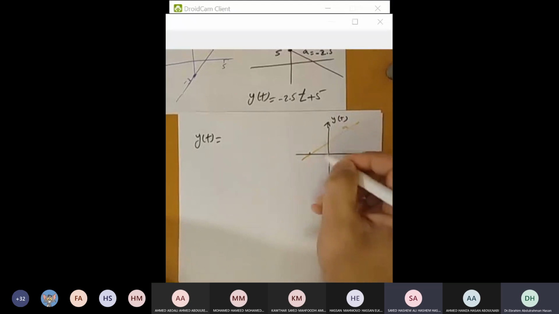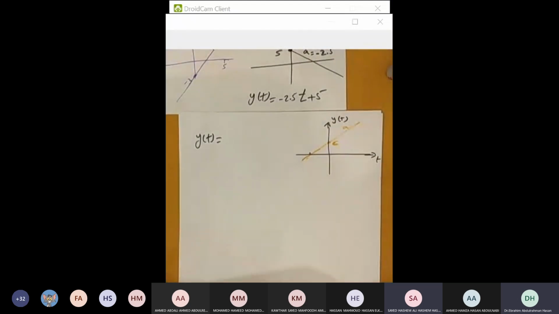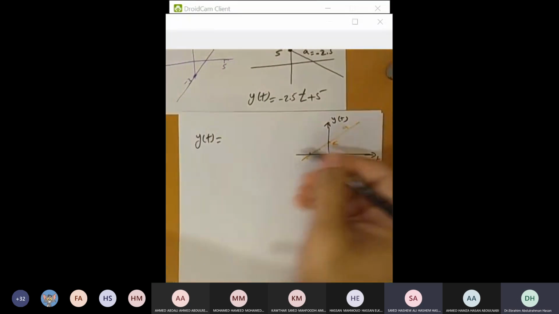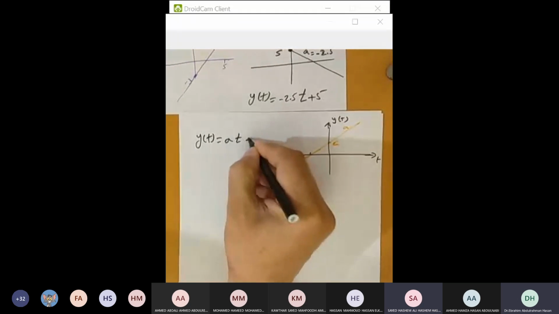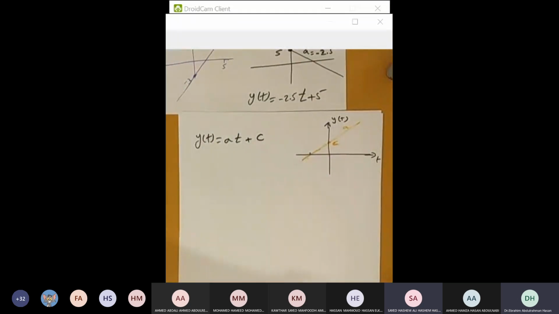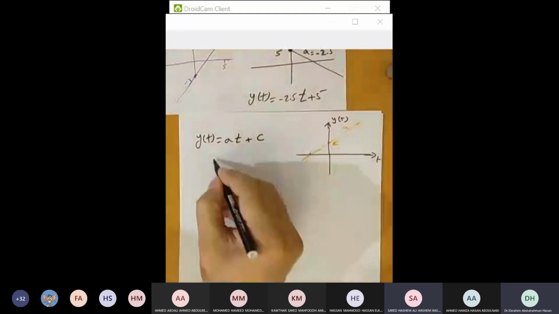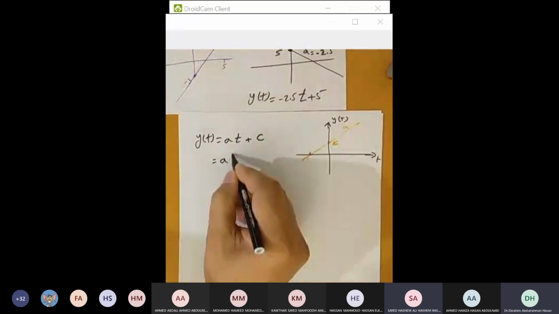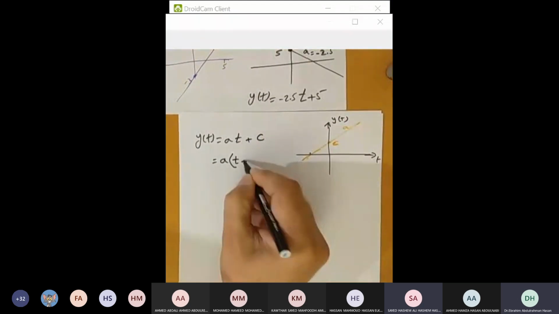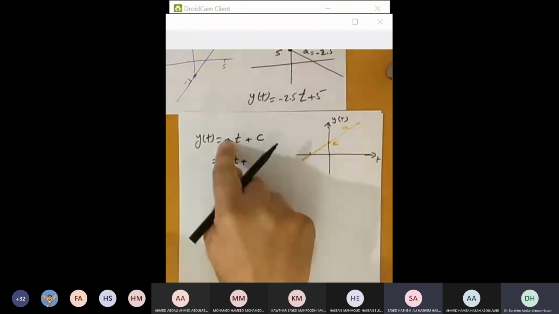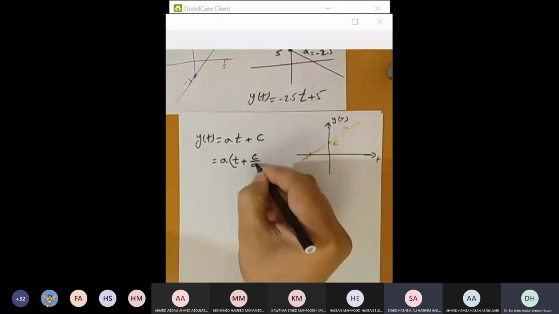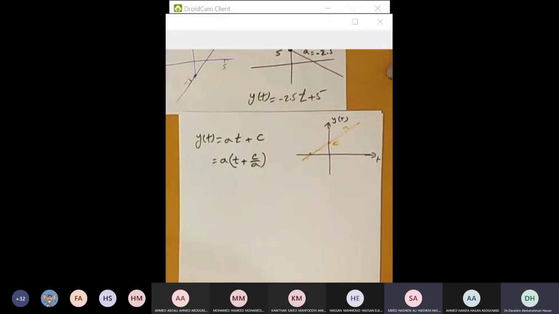This is a slope A, and this is C. So y of t, as we say, is equal to A t plus C. Can I take A common here? A here will be t plus C divided by A. I can write it like this.